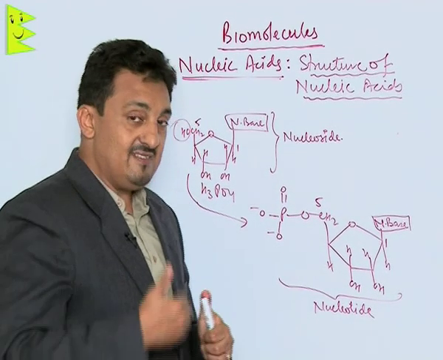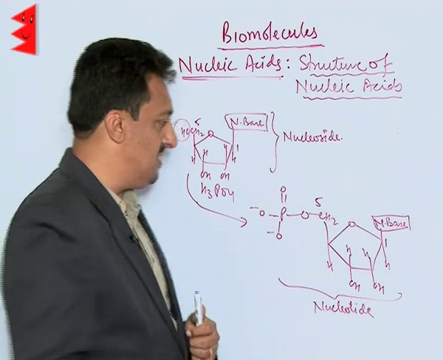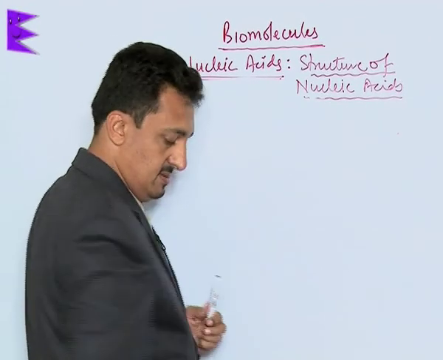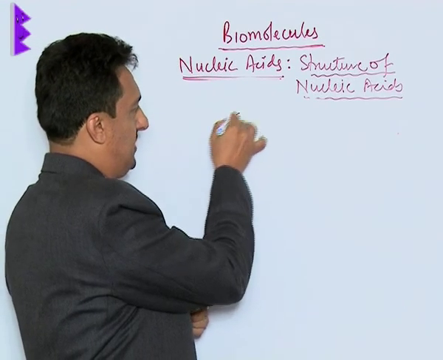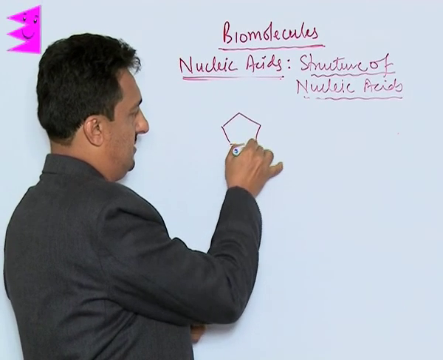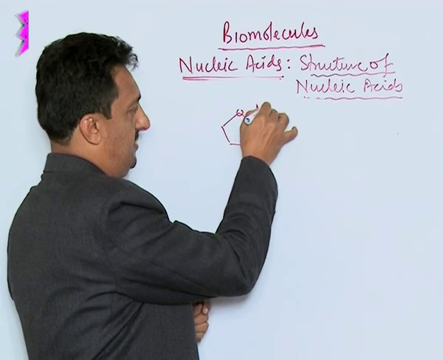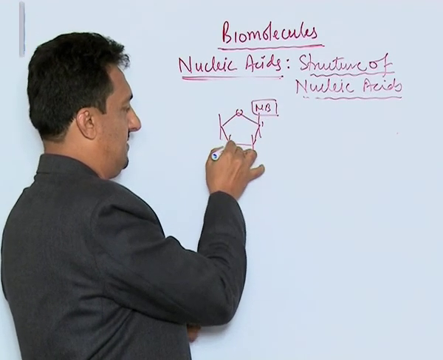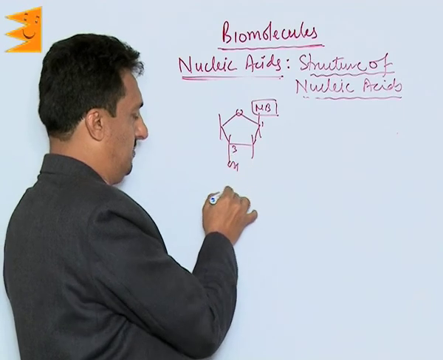Now, how do these nucleotides get bonded to each other? Let us see this. They get bonded to each other like this. This is the nitrogenous base there on the first carbon atom, and this is the third carbon atom's OH group.